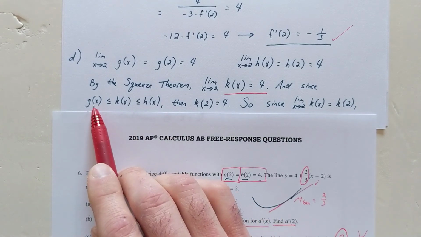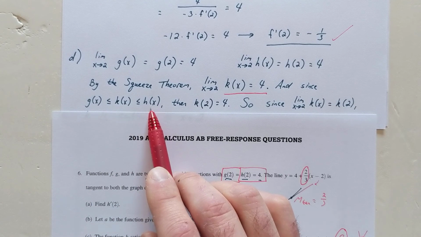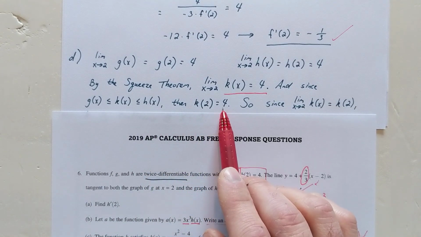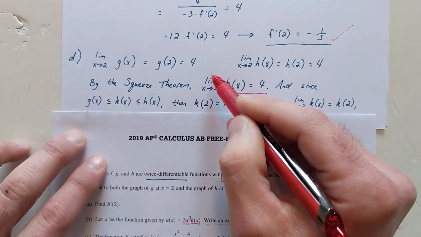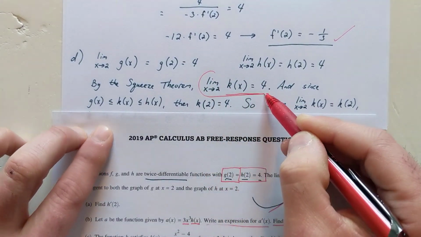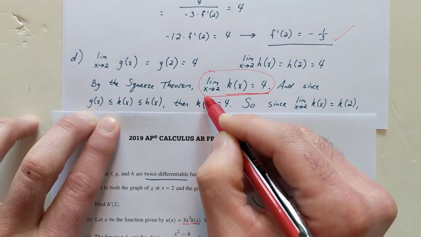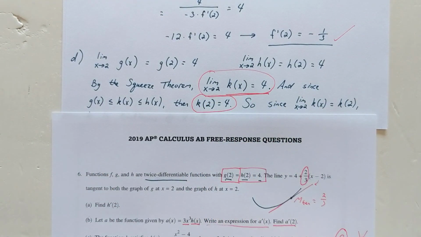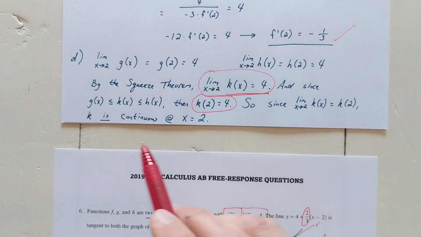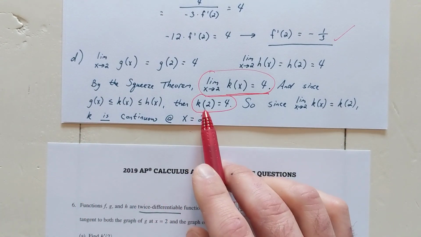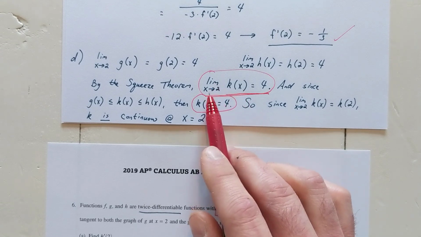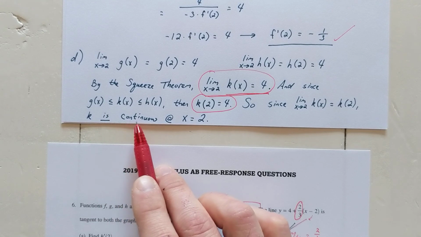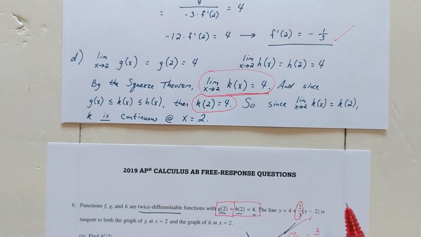So since g of 2 was equal to 4 and h of 2 was equal to 4, we could conclude that k of 2 had to equal 4 as well. So what's going on? We've got a limit as x approaches 2 of k of x equaling 4, and we know that the value of k of 2 itself was equal to 4 as well. And since all that plays out, we know then that the value of k of 2 is equal to the limit as x approaches 2 of k of x, and that tells us then that k is continuous at that value of x equals 2.